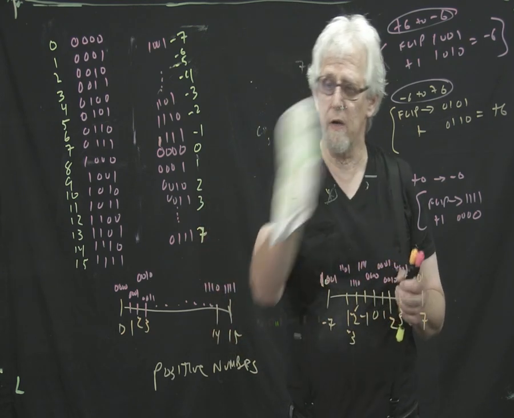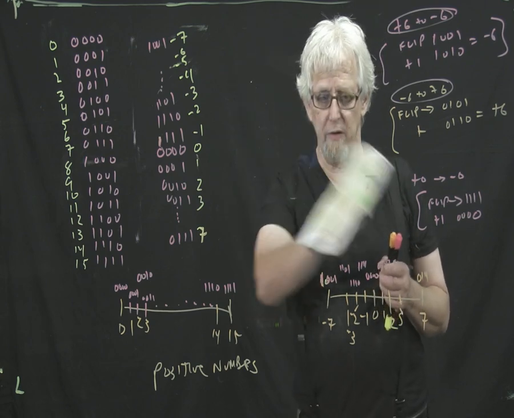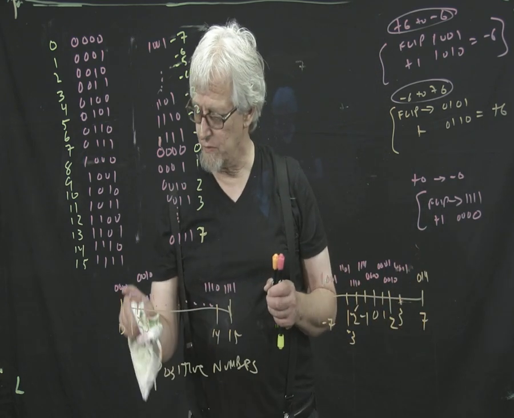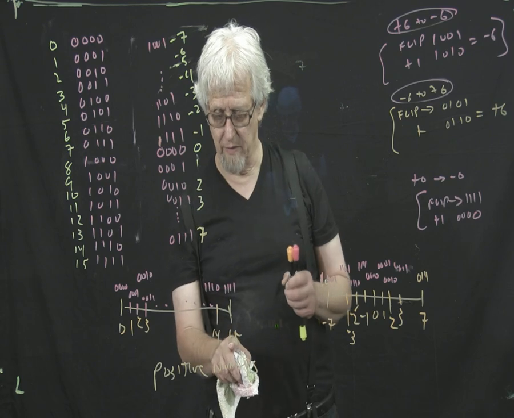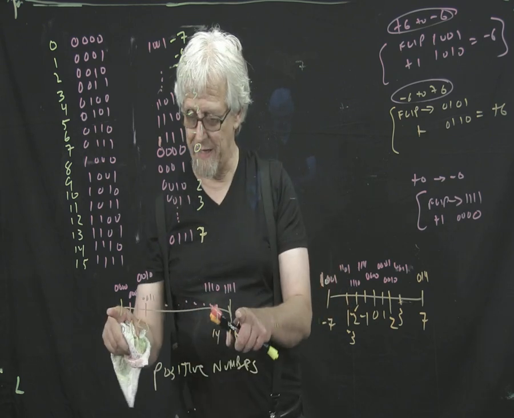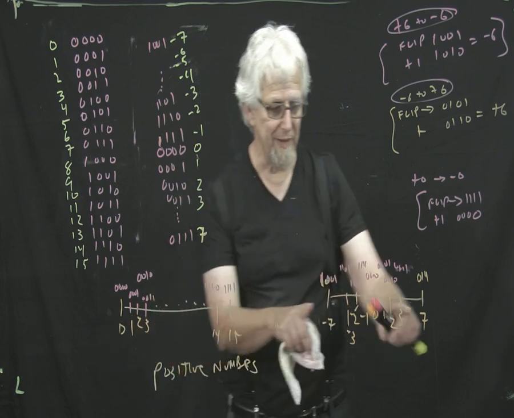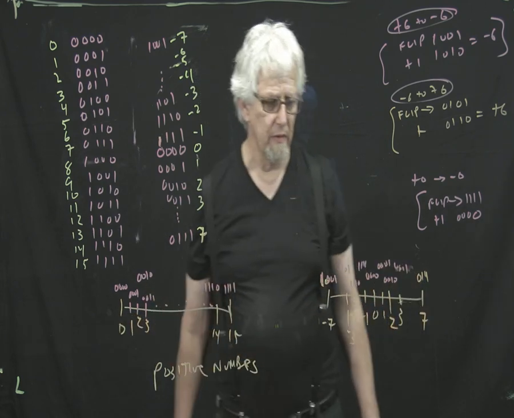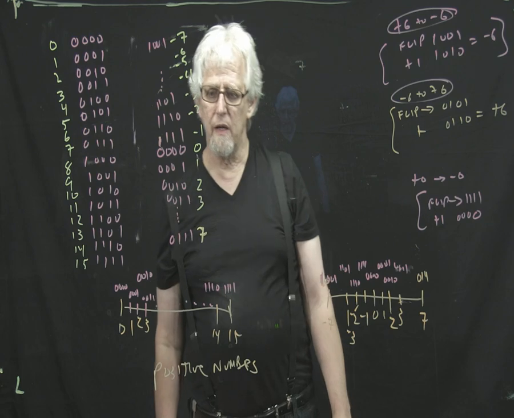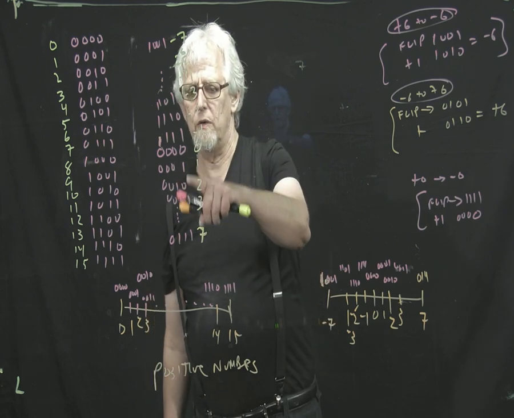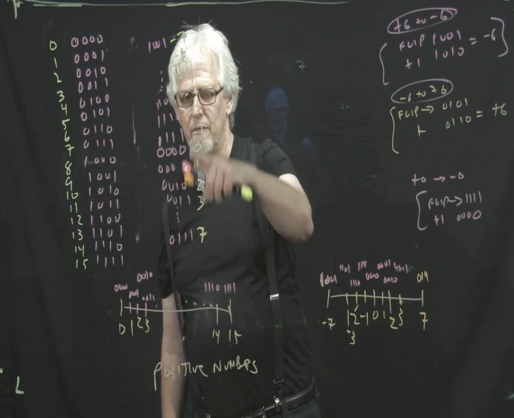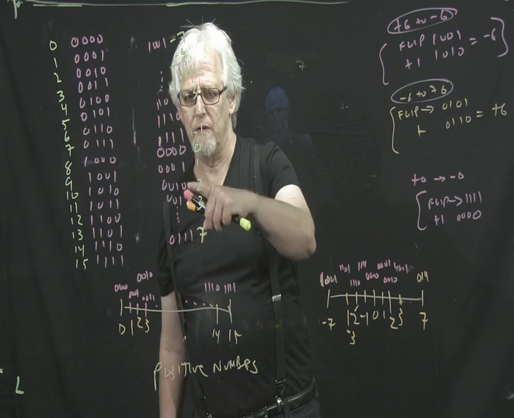So over here, on the positive number line, we've used all the bit patterns from 0, 0, 0, 0 to 15, right? 1, 1, 1, 1. All the bit patterns are here for 4 bits. What about here? Well, zeros, these 8 bit patterns are here, right?